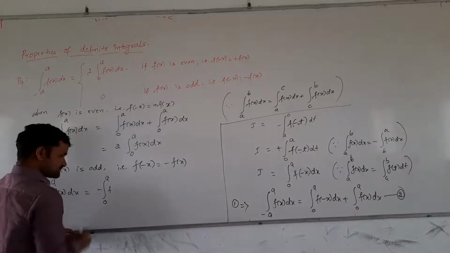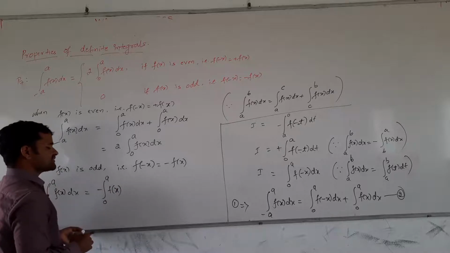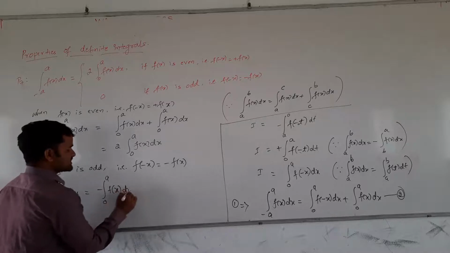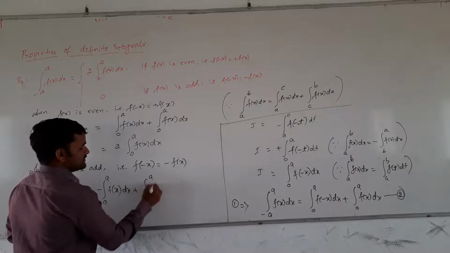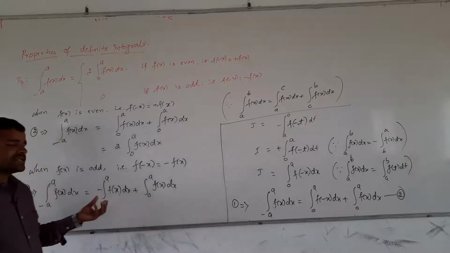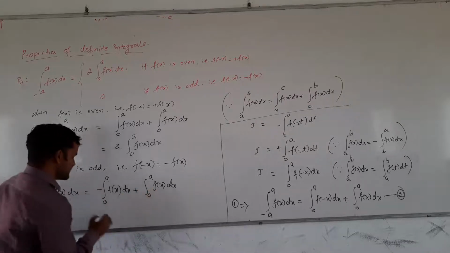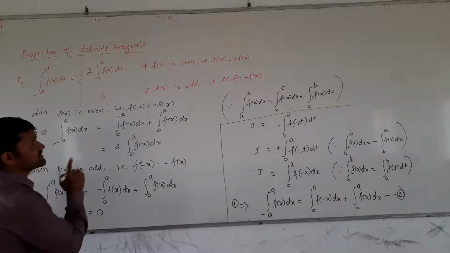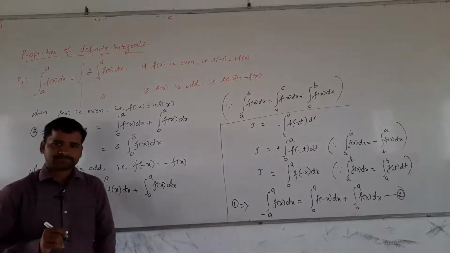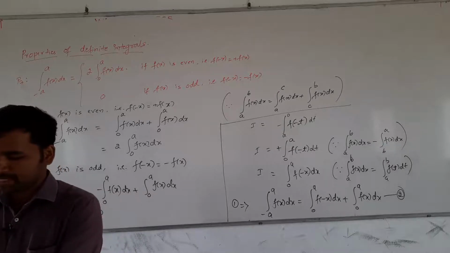So I will write that minus outside: minus of integral from 0 to a f of x dx, plus integral 0 to a f of x dx. The same integral is multiplied with minus here and with plus there, so both cancel, that is 0. We got the answer. This is how we have to prove property page 7.